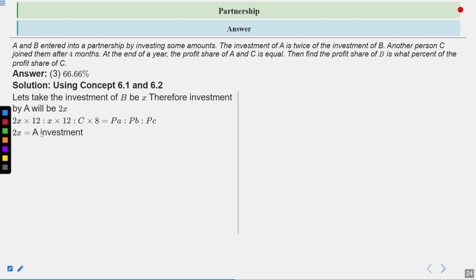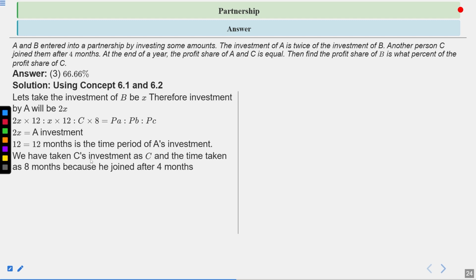When we simplify it, A's investment is, as given, 2x, and the time is 12 months for A's investment. In the same way, we have taken C's investment as C and the time as 8 months because he joined after 4 months. So we can say that 2x into 12 upon C into 8 becomes the profit of A ratio profit of C. Taking this form, the above equation is formed.